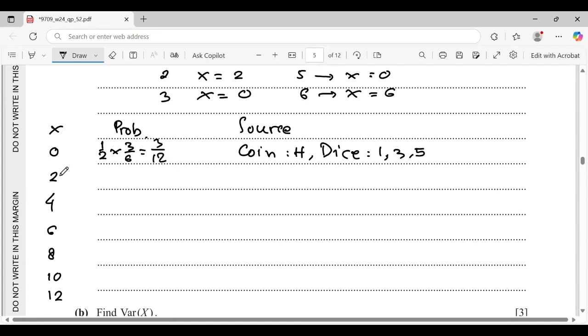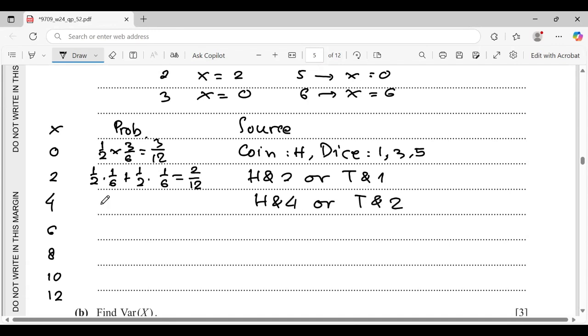Now, if x equals 2, the source is head and 2 or tail and 1. So the probability is 1/2 times 1 over 6 plus 1/2 times 1 over 6 equal 2 over 12. If x equals 4, the sources are head and 4 or tail and 2.